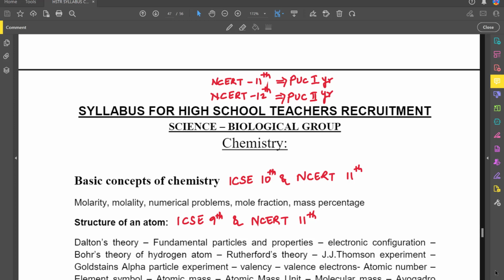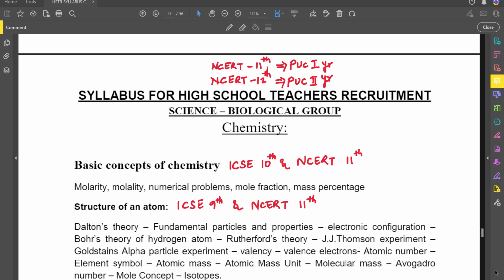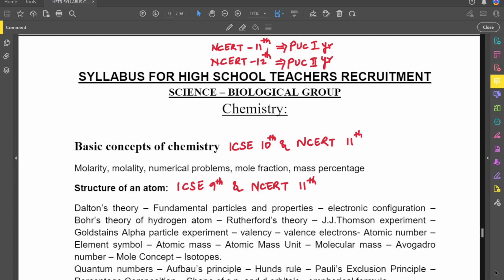What I have done here is analyzed the entire chemistry and biology syllabus by doing so much research on books like high school books and PUC books. I have segregated all the chapters and decided which chapter should be read from which book.